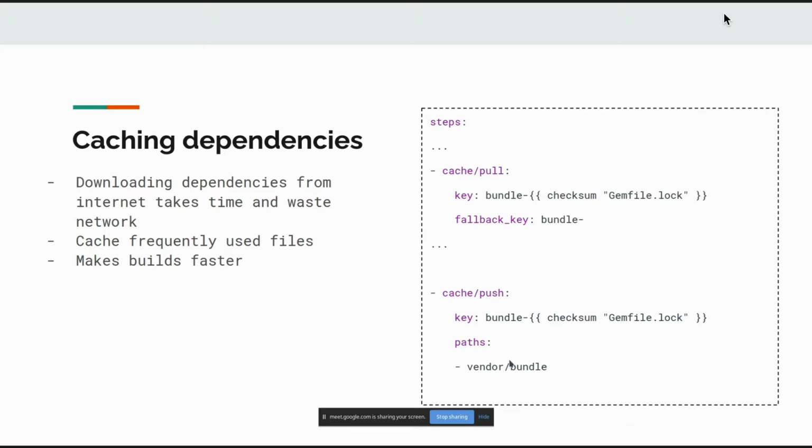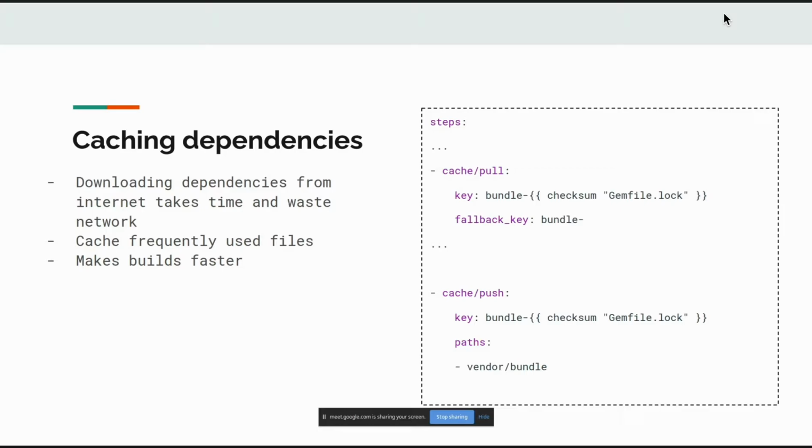On the next run, the cache pull step will try to restore the cache, or download the cached file from a central storage. As a part of the Razor platform, we also provide our caching storage. It will query whether this particular key with the checksum is present or not. If it is present, it will just download it instead of downloading from the internet.